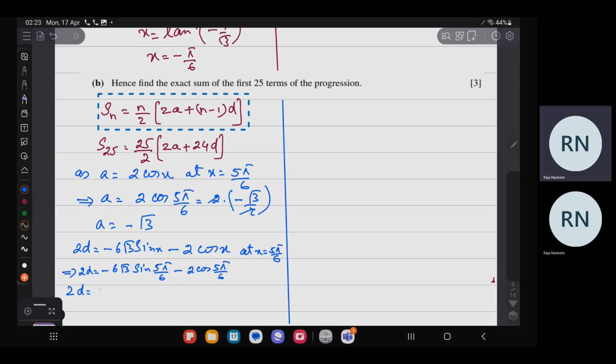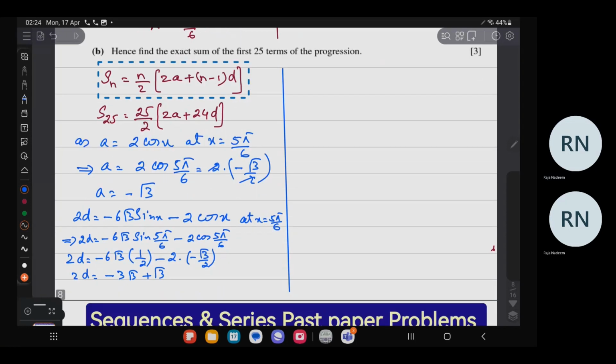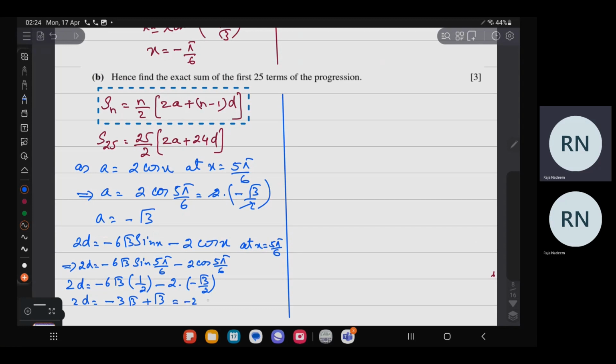Sine 5 pi by 6 will give you this answer, and cos would be equal to minus root 3 by 2. 2d is equal to minus 3 root 3, and when you cancel 2 with 2, it becomes root 3 plus root 3. By subtracting, minus 2 root 3, finally d would be equal to minus root 3. So this is the difference.